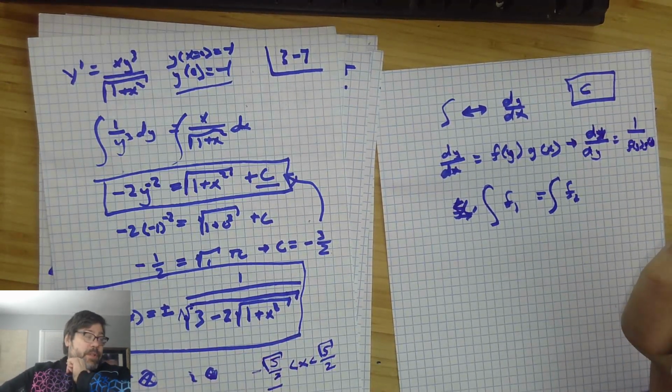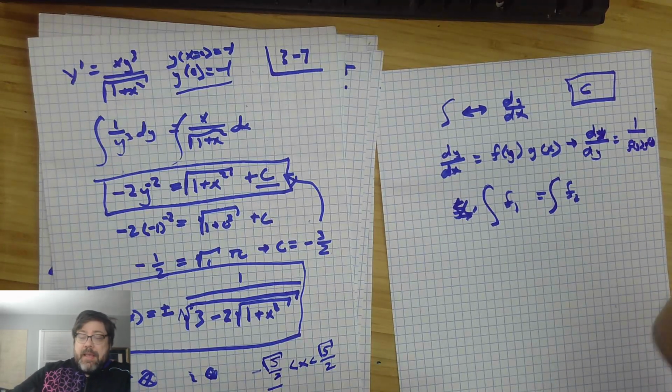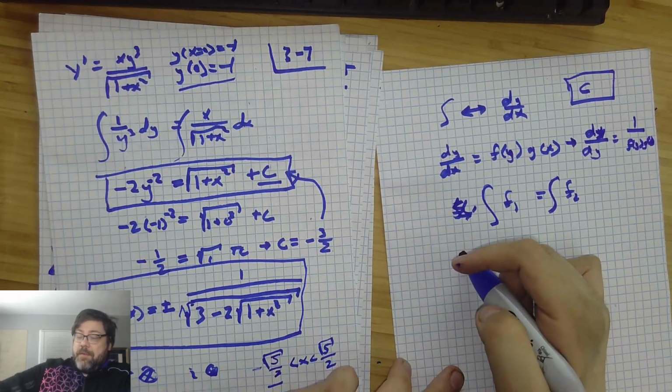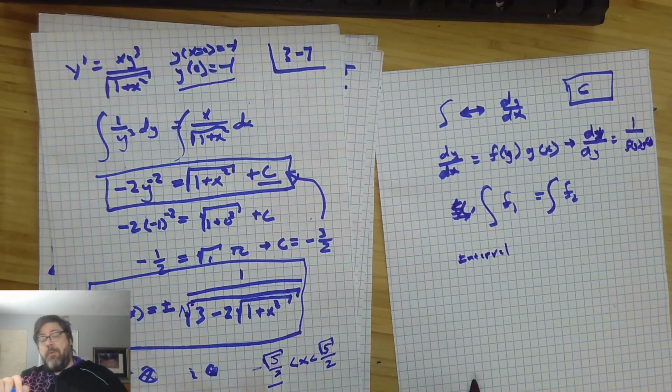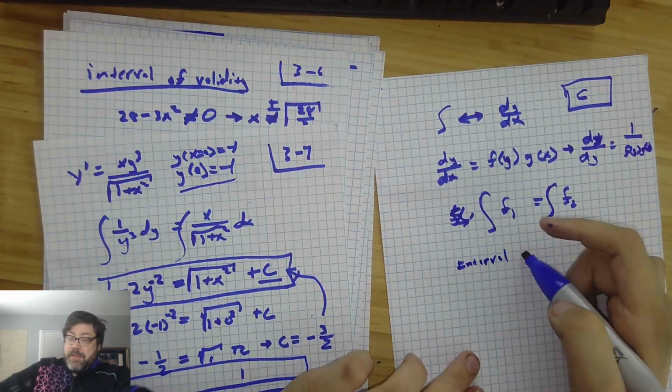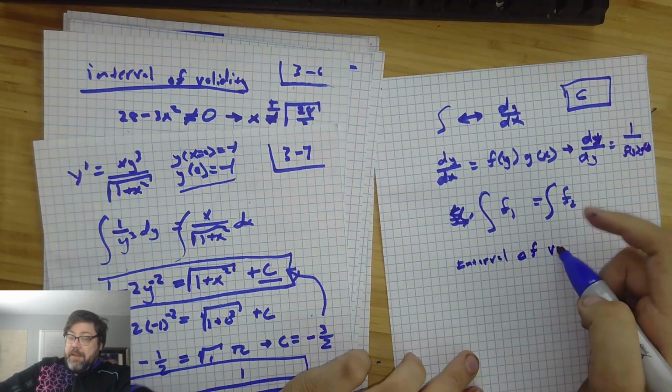And the final thing we've learned is we looked at the interval over which functions are allowed. So this is the interval of validity.